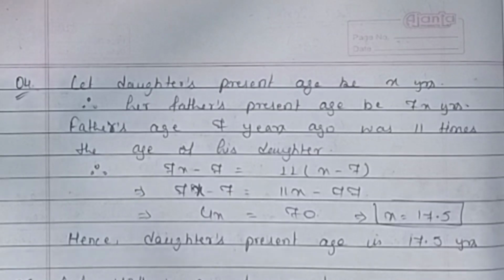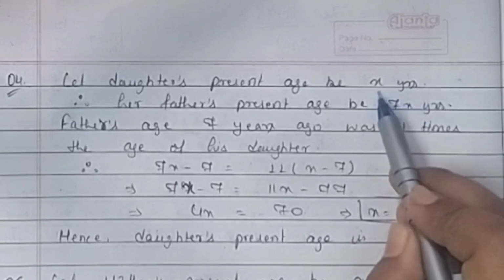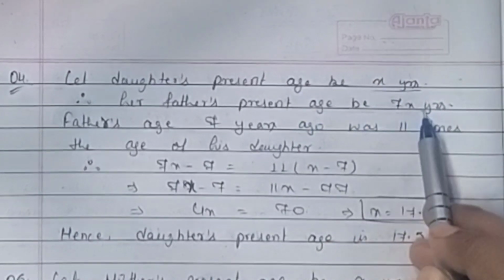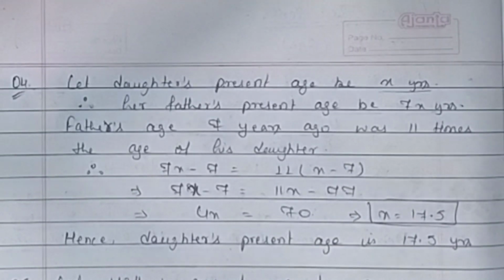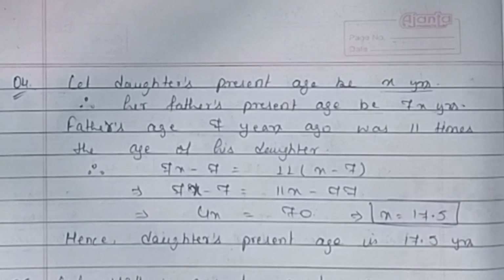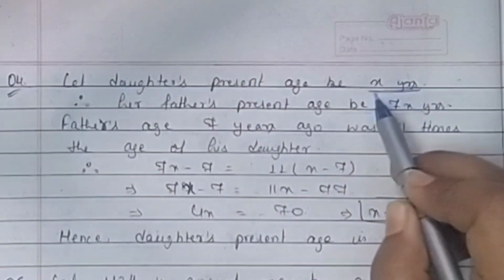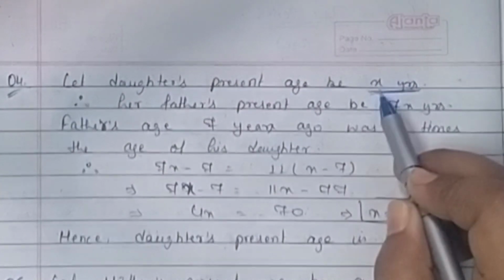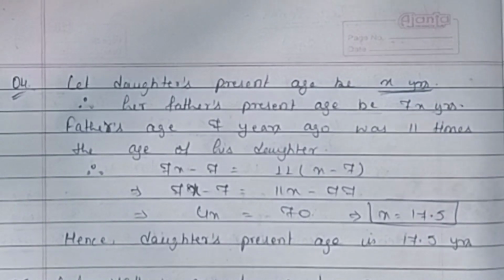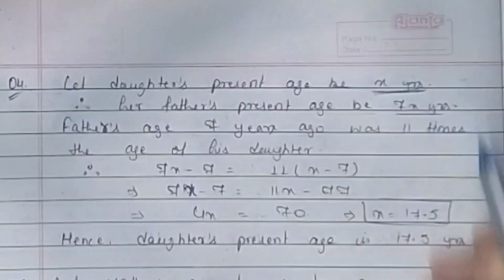So, by following the question, we have assumed the daughter's present age to be x and her father's present age to be 7x, because the question is basically saying that at present the father's age is 7 times that of his daughter. So accordingly, we have assumed the daughter's age is x, so the father's age will become 7 times of his daughter's age, which is 7x.